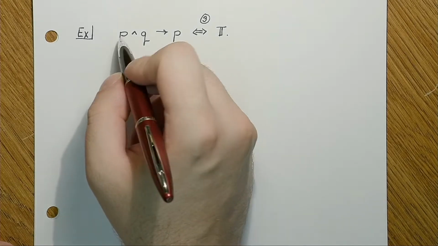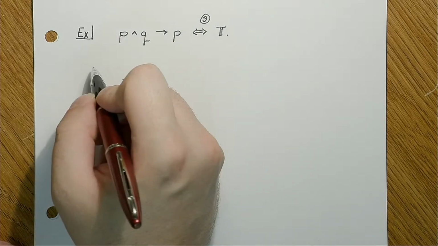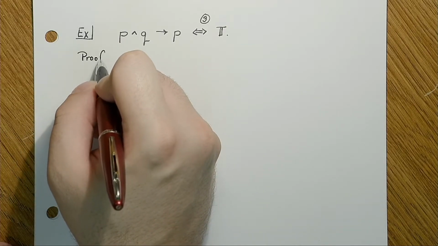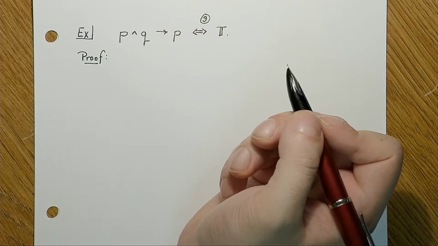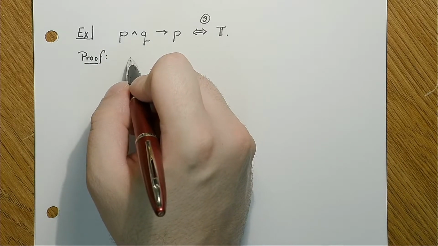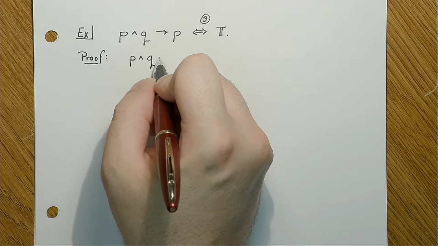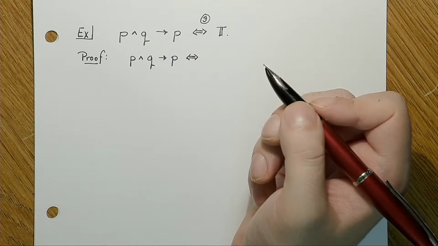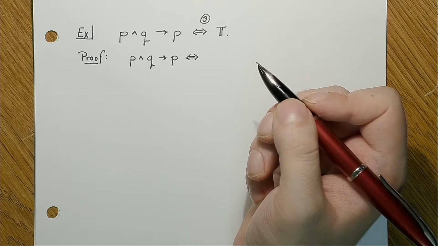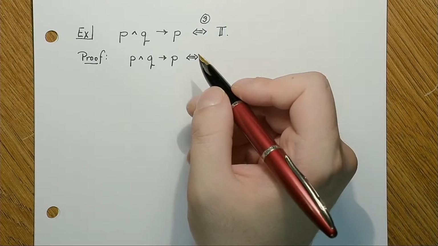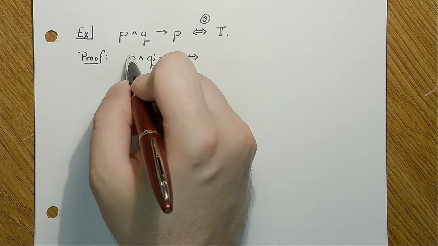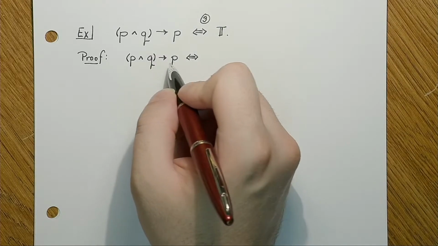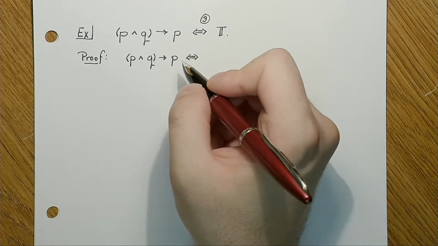So I'm going to start with the left-hand side. So starting with the left-hand side, I have P and Q implies P. And what I'm going to do is apply the implication rule.